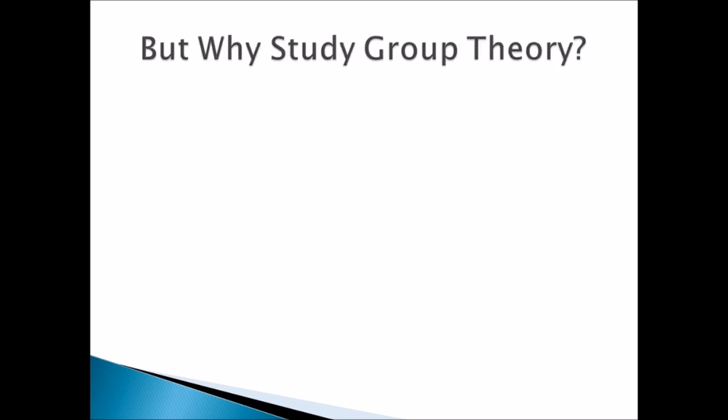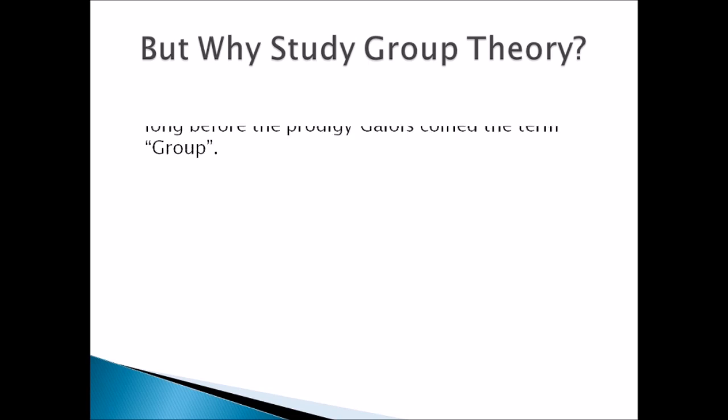But again, this question might be troubling you. Why are we going through such trouble just to prove results which have already been proven, or just to do stuff which is already known?